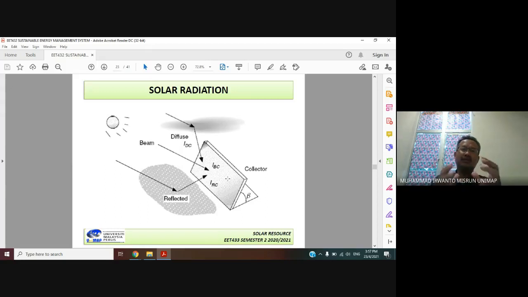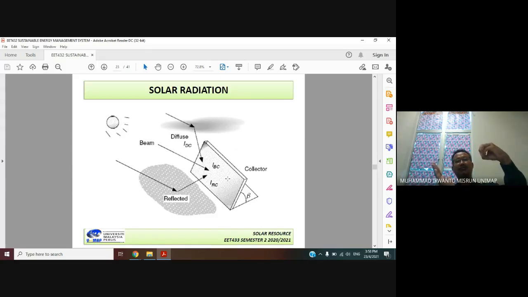Okay, look at this picture, look at the figure. If it is photovoltaic, the photovoltaic can operate if it obtains solar irradiance and temperature, meaning this photovoltaic operates depending on the solar irradiance and temperature.